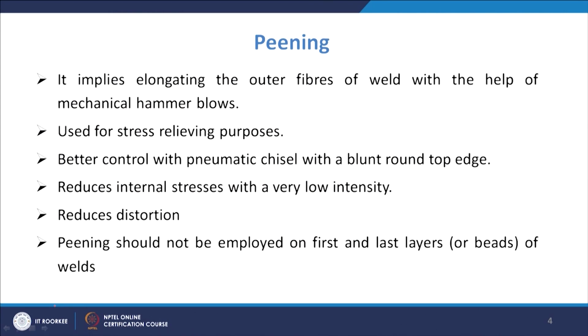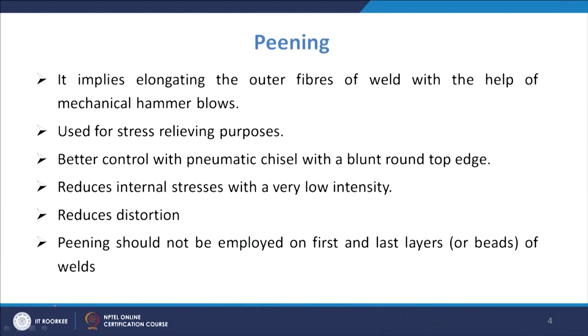So, you give the hammering action when you do the welding, especially in the multi-run welds we had discussed. In those cases we follow this practice of peening, and it is used for stress relieving purposes.